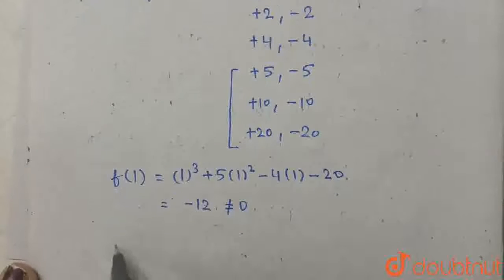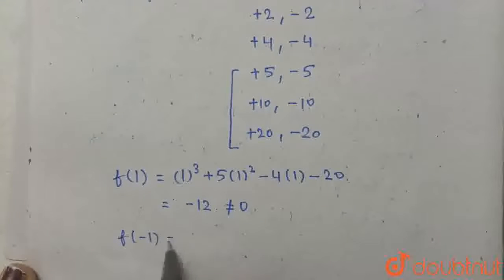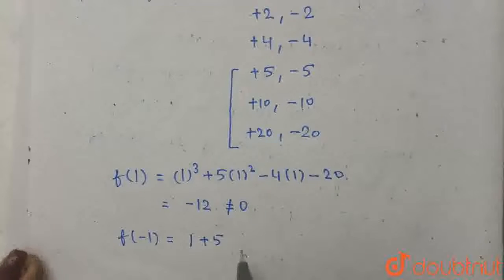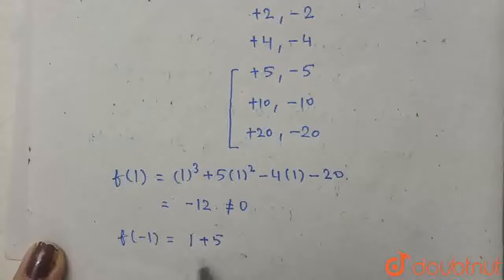Now if we put x is equal to minus 1, this becomes minus 1 plus 5 plus 4 minus 20. This is also not equal to 0. So therefore minus 1 is also not the zero of the function.